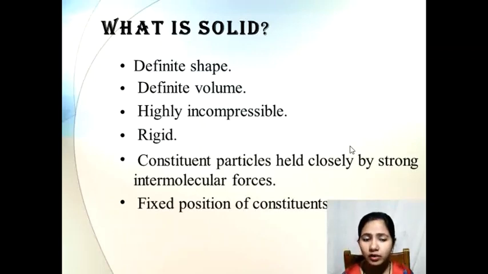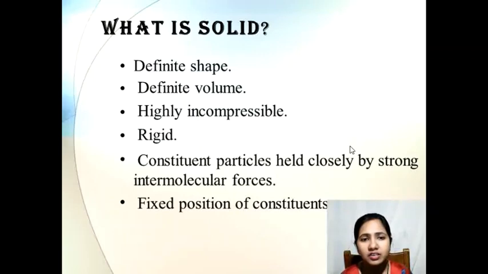Now in case of solid, the constituent particles are held closely by strong intermolecular forces. The particles are very close to each other, or we can say that intermolecular force between them is very high. And due to this reason, they are having a definite shape, definite volume, and they are highly incompressible or rigid. The last point is they have fixed position of constituent.